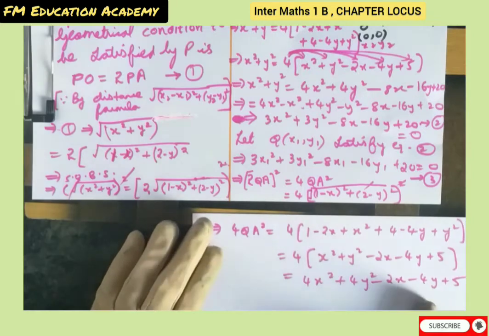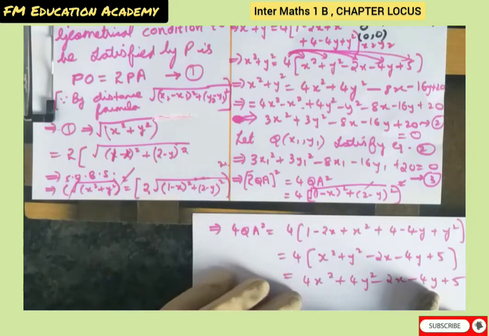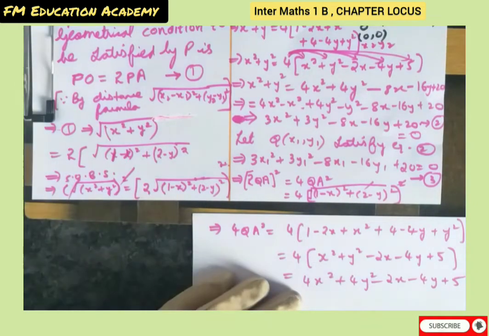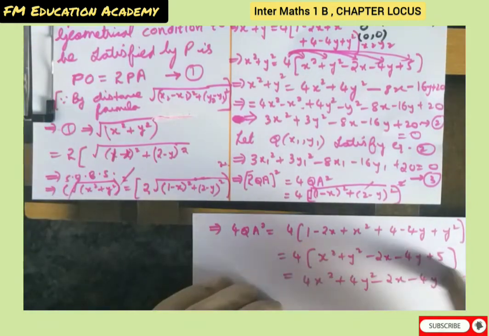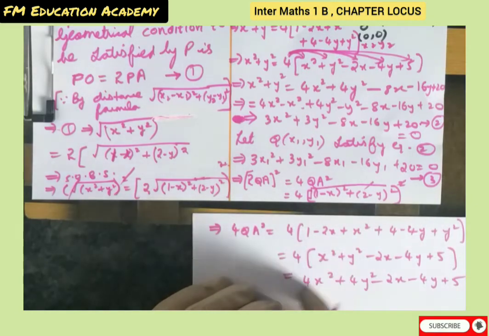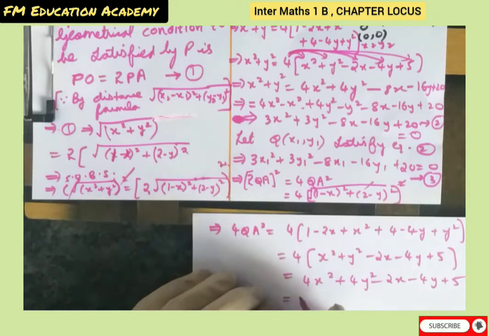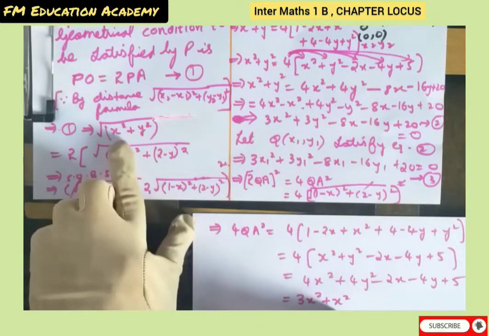Okay. So here we know that we have to make this equal to PO. What was PO? x square plus y square. So here on the RHS it should be x square plus y square. It should be x square plus y square, which means I need to change this 4x square and I need to change this 4y square. How to change this 4x square? This 4x square can be written as 3x square plus x square. So we get x square.